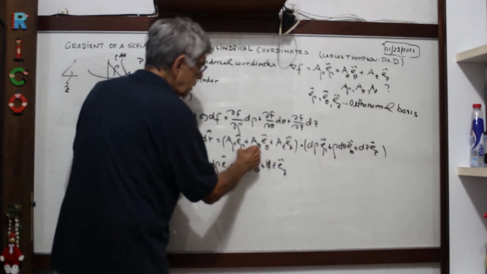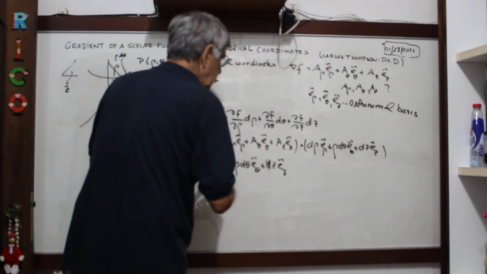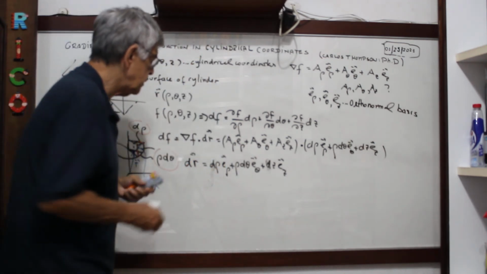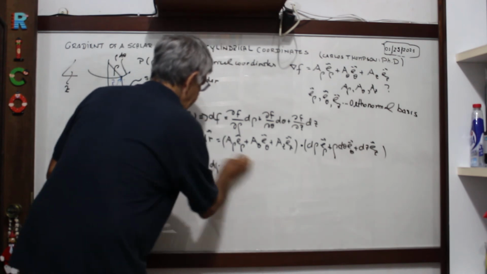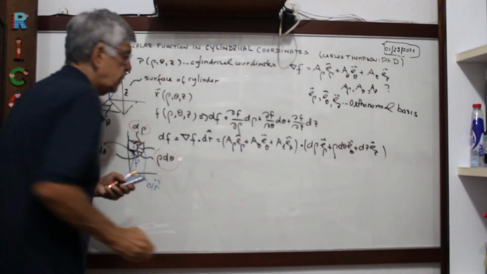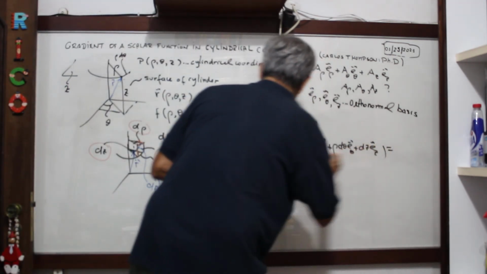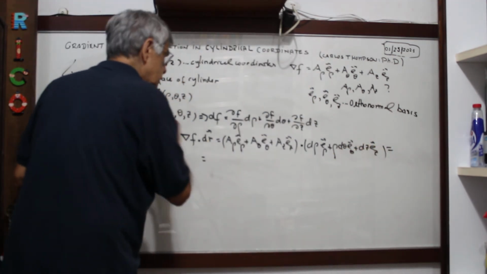Now I can do the dot product. e rho dot e rho is 1. So it's quite easy.